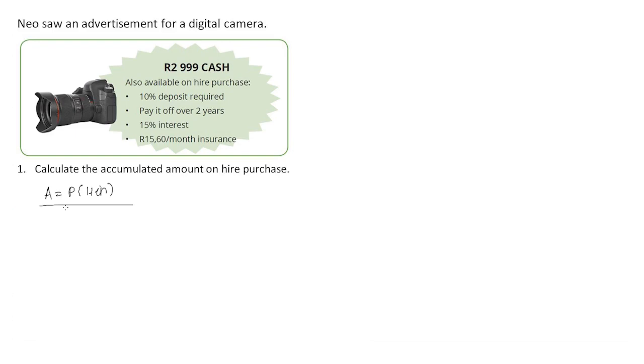We need to first calculate the deposit. This is because the principal amount that we will plug into this equation is the value of the item minus the deposit. So we need to begin by calculating the deposit that will be paid on the item. As indicated in the advertisement, it's 10% of the original price.